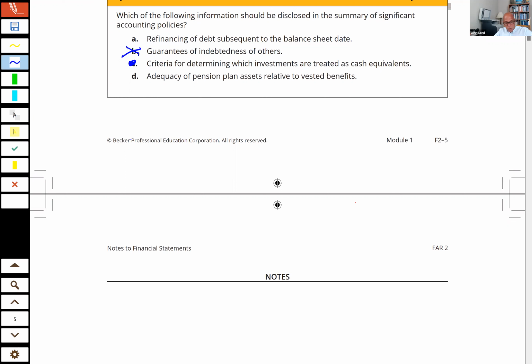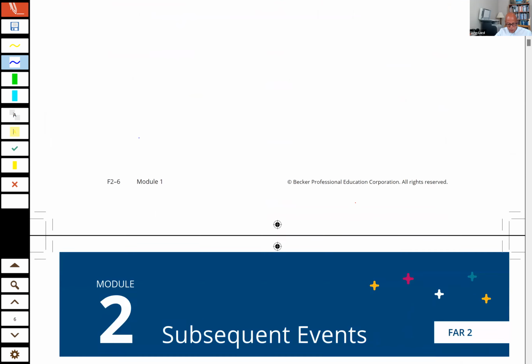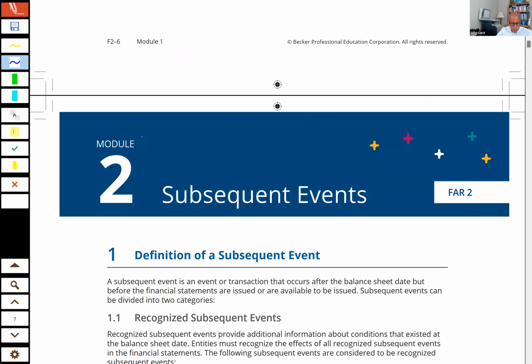Okay, good. Let's come over and take a look at the discussion here in module 2 of subsequent events. Now, what happens? We are going to issue our financial statements. Year end comes, and there's usually a 30, 60, 90-day period for companies before they issue the financial statements. Well, unfortunately, the world refuses to stop from the end of the year to the day we issue our financial statements.